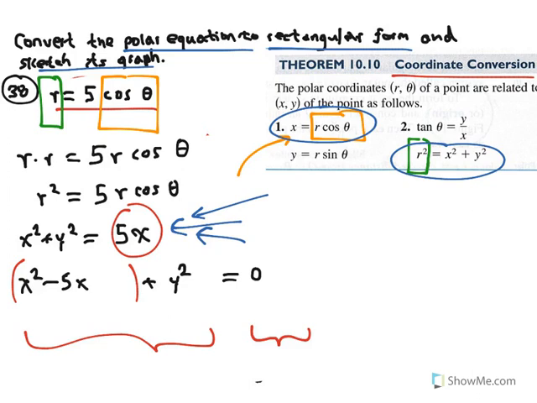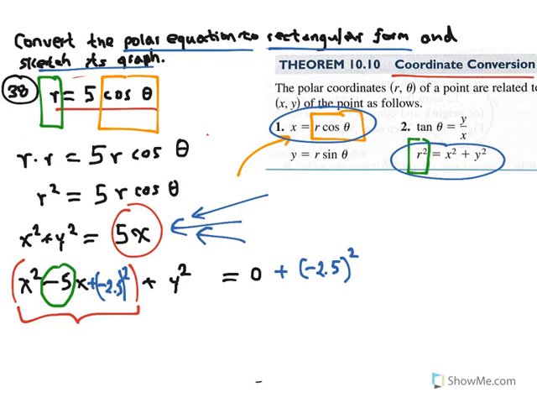To complete the square, you're going to take half of the coefficient of the x term, which would be negative 2.5, and then you'll square that and add it to both sides of the equation. So I'll have plus negative 2.5 squared here, and plus negative 2.5 squared here.